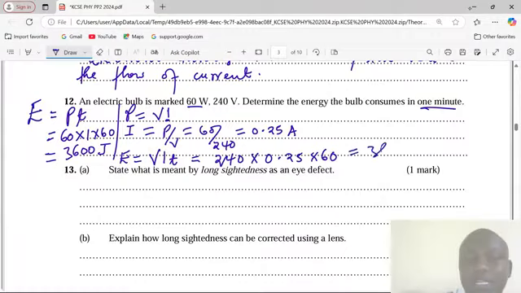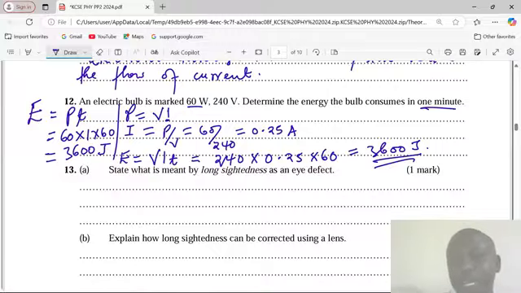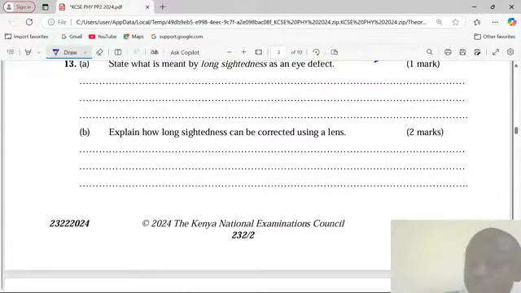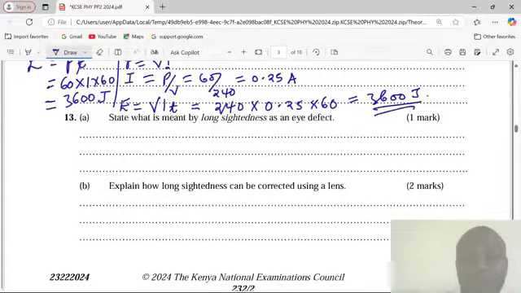This is going to give us 3600 joules. We are just playing along with several relationships of these quantities provided here. So you can even continue until you involve resistance according to Ohm's law, and you shall get the same answers.